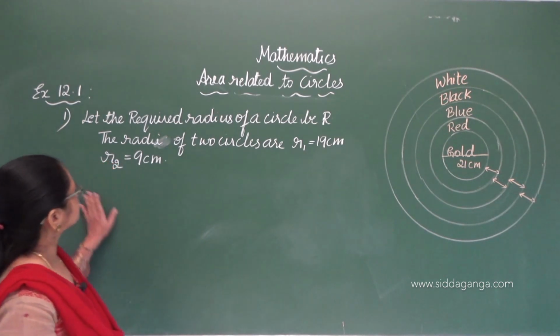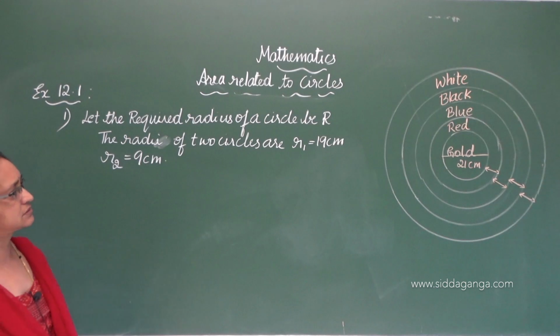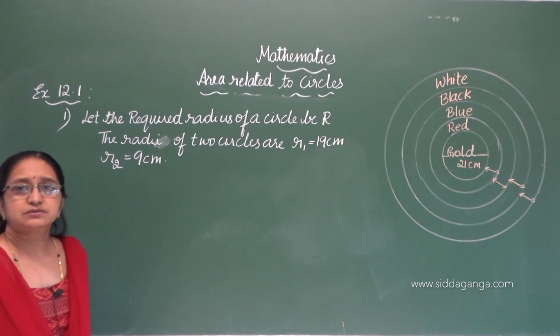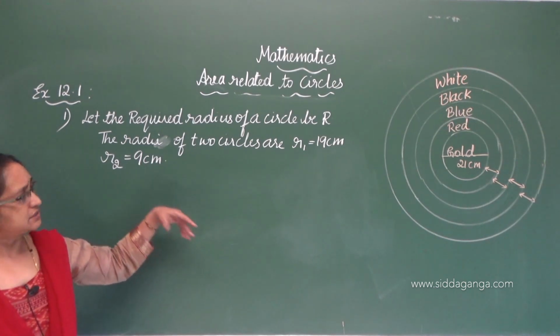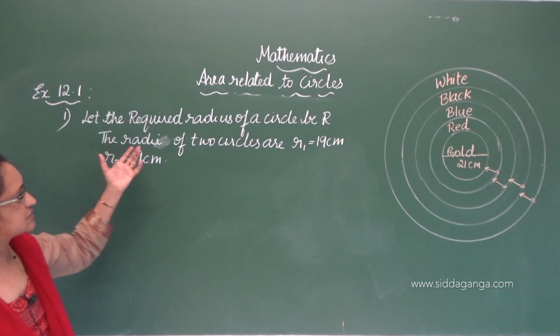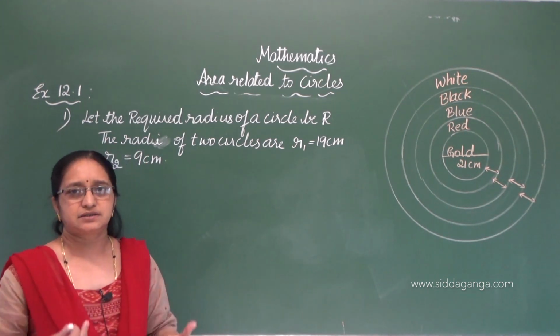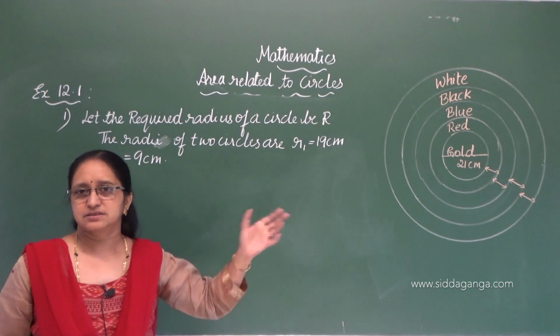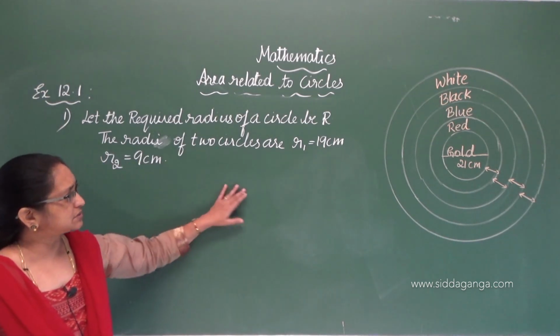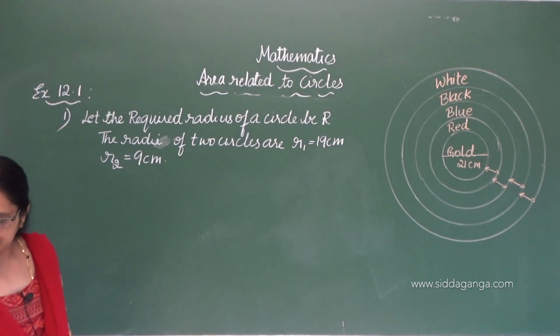Now let us find the circumference. Instead of calculating the circumference separately, then adding and then finding the radius, we can do it in simple steps. I will just show you.